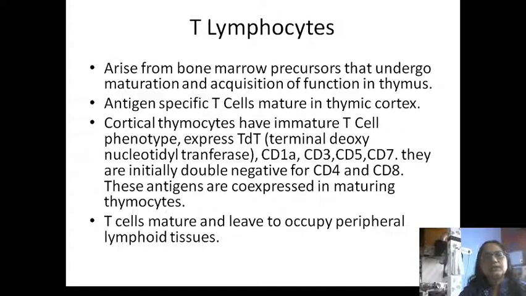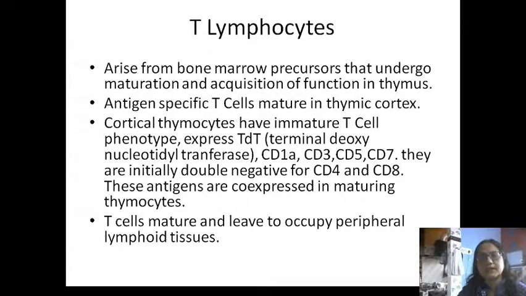Now coming to T lymphocytes. T lymphocytes arise from the bone marrow precursors and undergo maturation and acquisition of function in the thymus. Now in the thymus, they mature and they derive the CD markers CD1A, CD3, 5, 7, and when they mature enough they differentiate to CD4 and CD8.